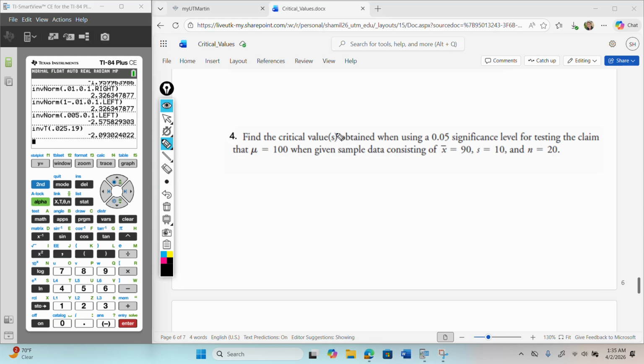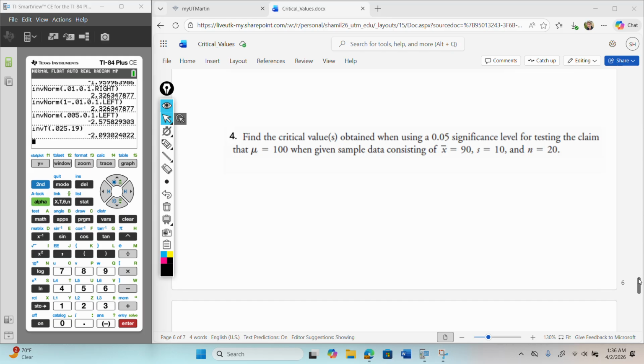So we'll have two critical values, plus or minus t, well, they're t-scores, so t is equal to plus or minus 2.093. Okay. All right, and let's do our last problem.